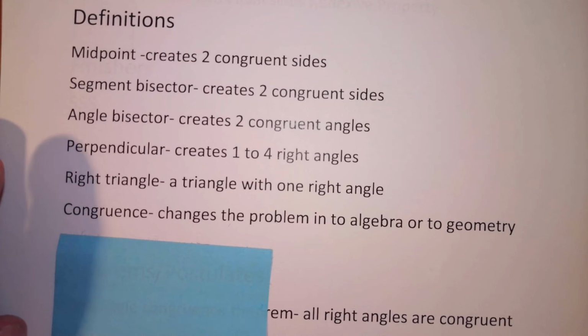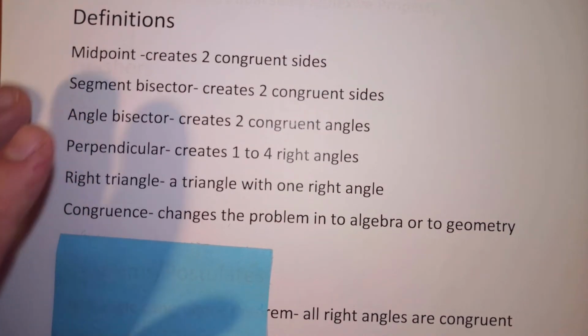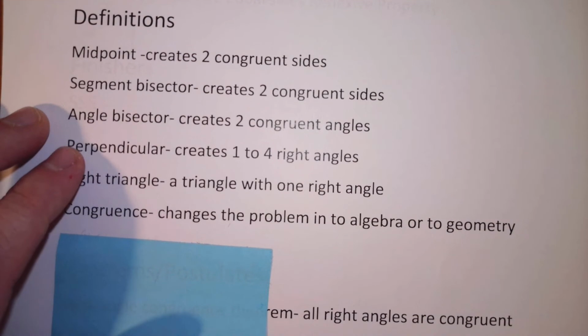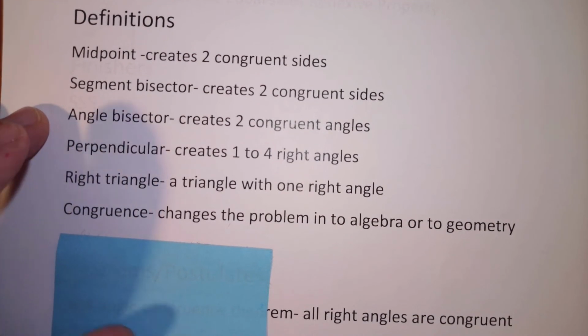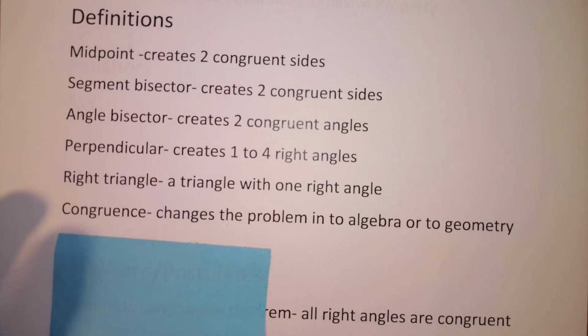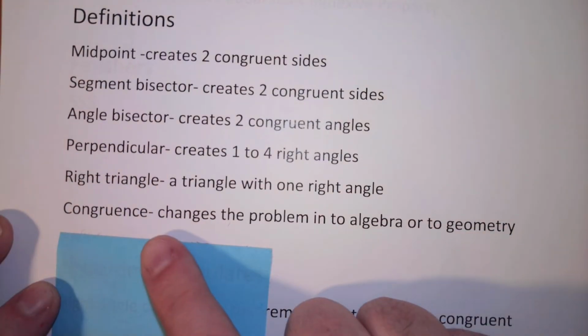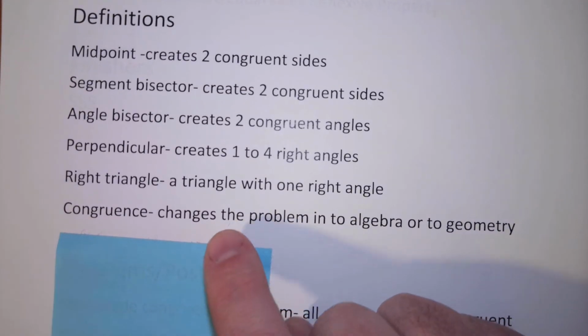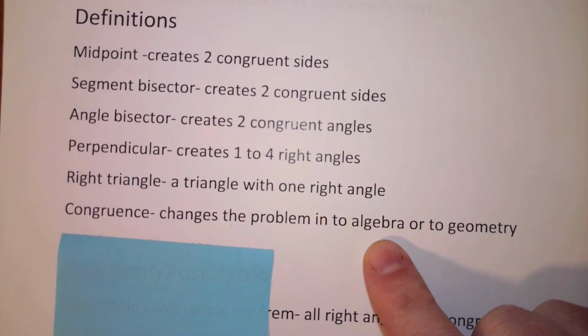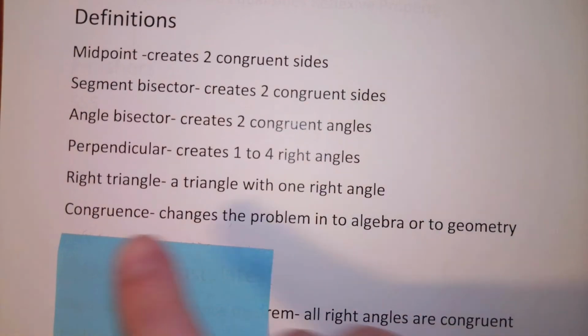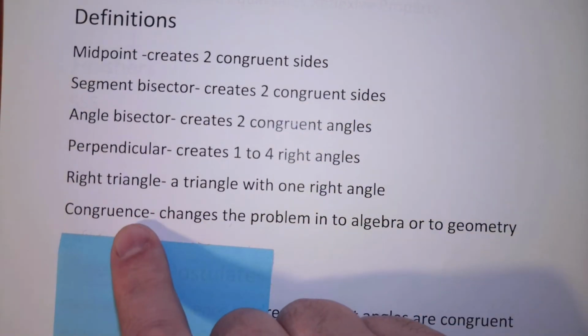And oftentimes we can't just stop at creating right angles. Either we're going to use right angles to prove a right triangle, or we're going to use the right angle theorem later. And I'll go over that. And congruency, if you are forced to change the problem into algebra, or from algebra back to geometry, you can use the definition of congruency.